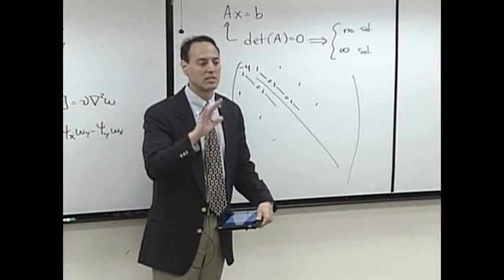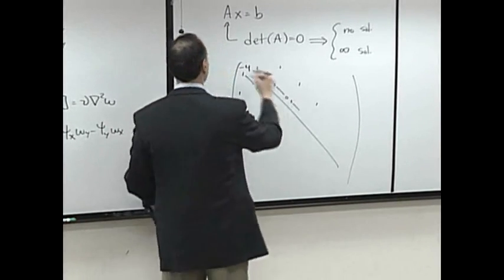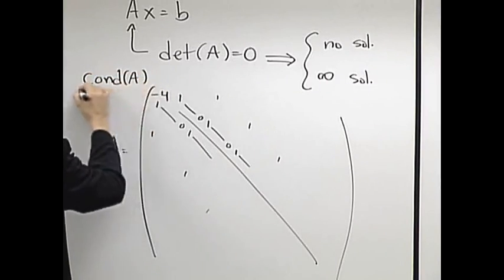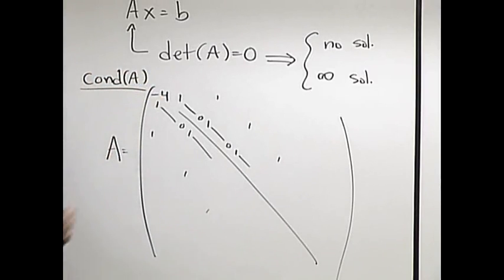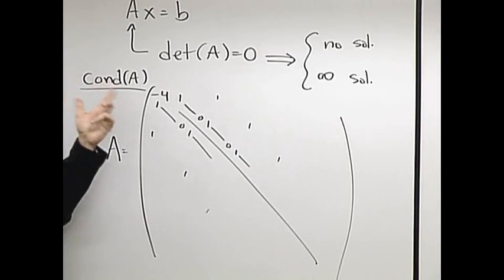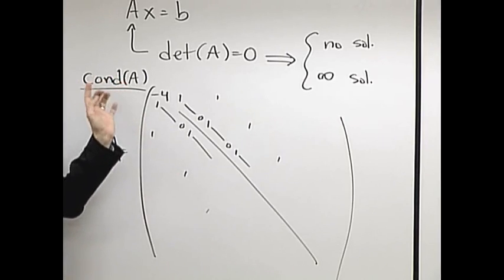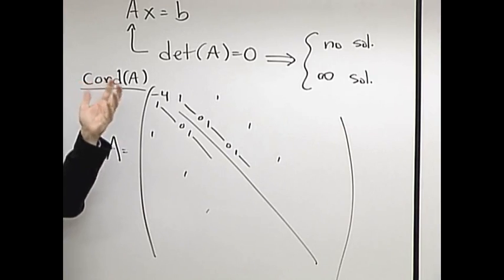No. The best way to check to see if you're going to have a problem with a matrix is you can use this command here. cond(A). So this will check the condition number of a matrix. If this thing is big, in fact, if you check it for this matrix, this is like 10 to 15, you're in trouble. Condition of a matrix usually should be like an order 1 parameter.